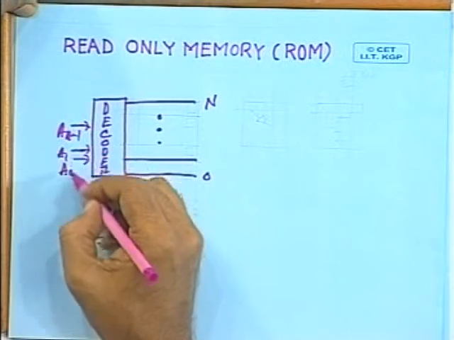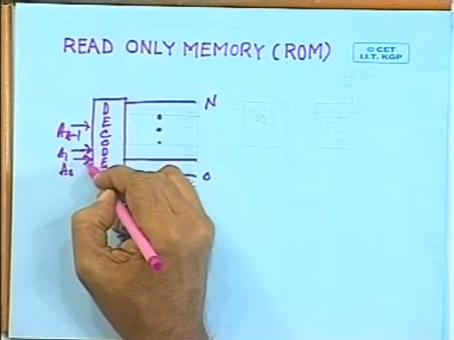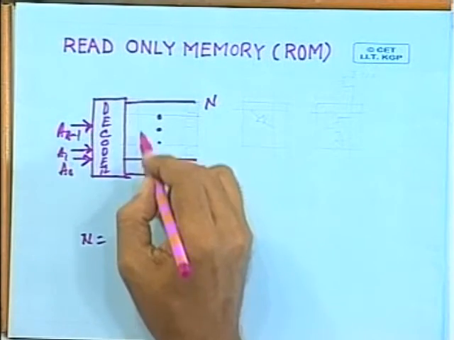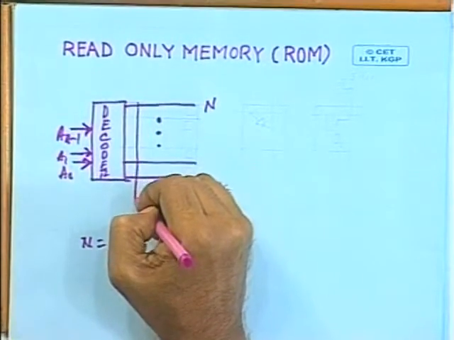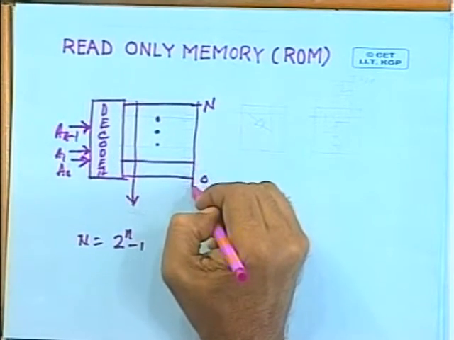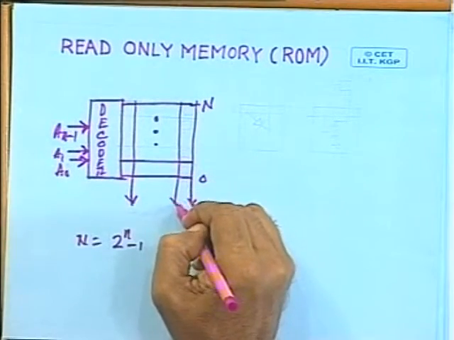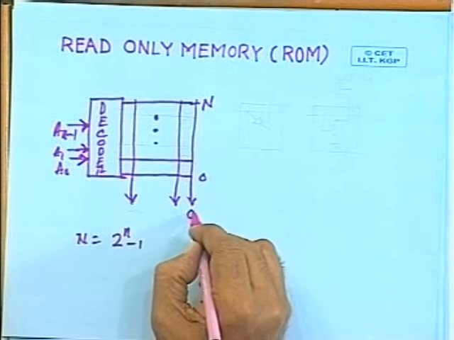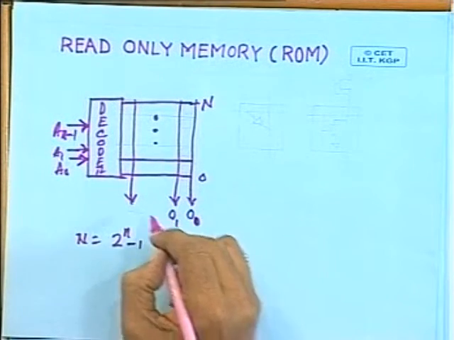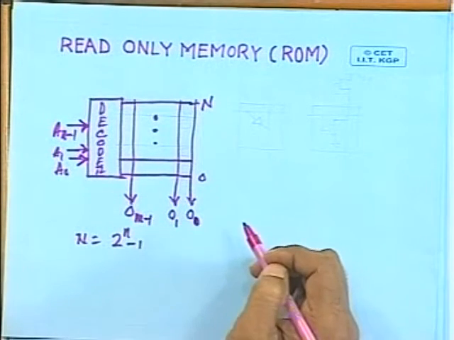These address lines can be considered as the input lines to the ROM. Whereas you have got a number of output lines or data lines, output 0, output 1, output m minus 1. Let's assume you have got m output lines.